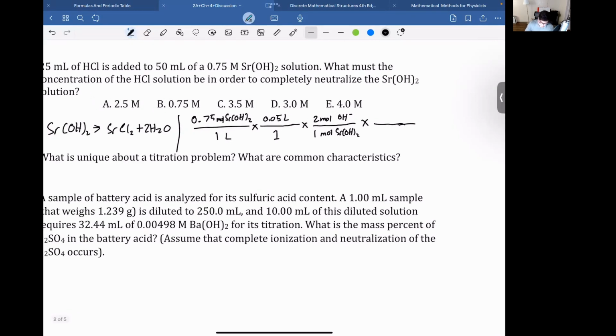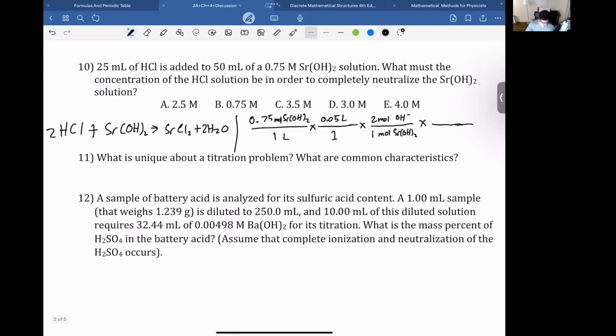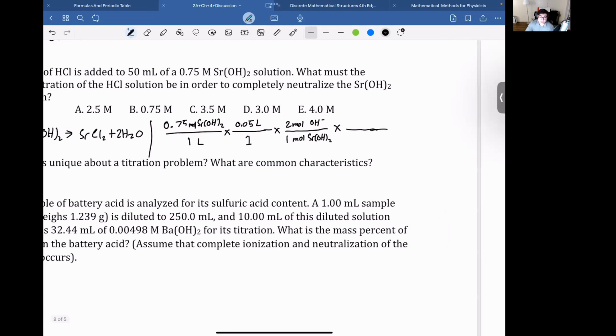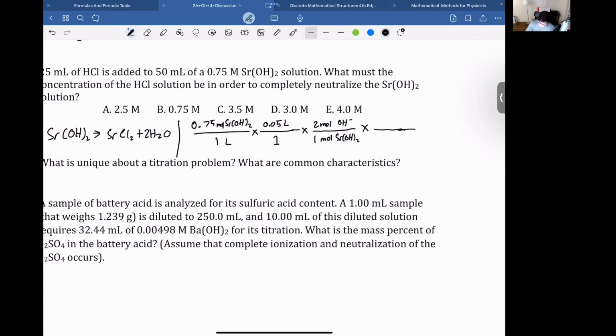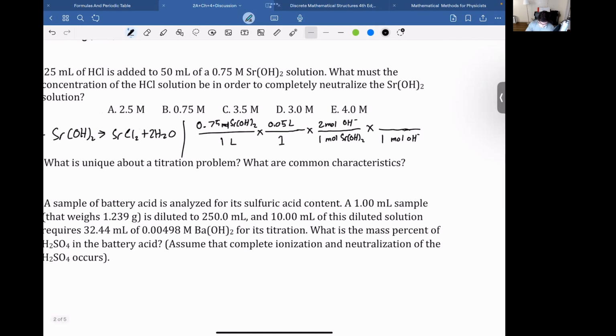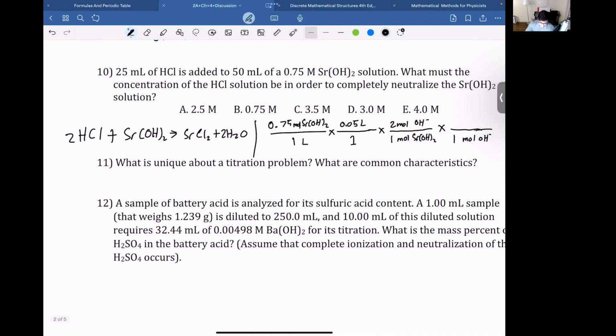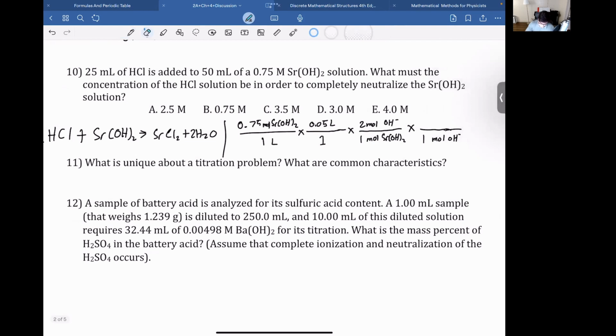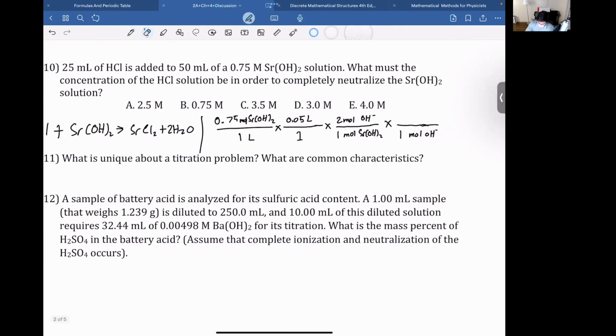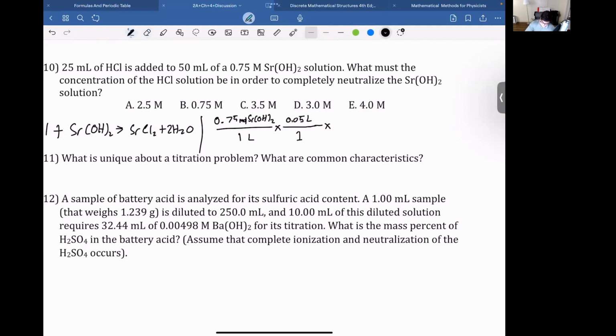Okay. And then we're going to convert from moles of hydroxide to moles of H plus or HCl. So for every 1 mole of hydroxide, I need to use, well, actually, I should have just kept this normal stoichiometry. Yeah, I'm thinking in terms of breaking everything down because then you could do a 1-to-1 there. So let's actually remove this.